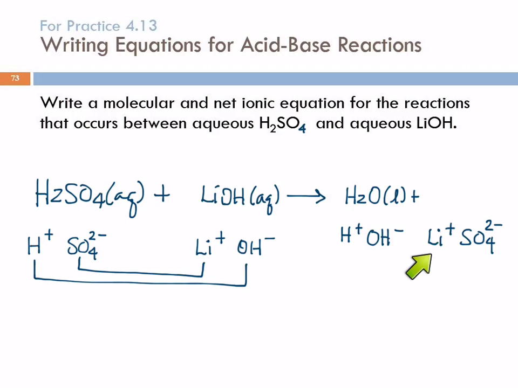We're going to need 2 lithiums to balance the charge on the sulfate. So the formula is going to be Li2SO4. And then we have to ask ourselves, is that a soluble ionic compound? Yeah. Sodium, lithium, potassium, and ammonium salts are soluble, no exceptions. So we're going to put AQ for the state symbol on that one.